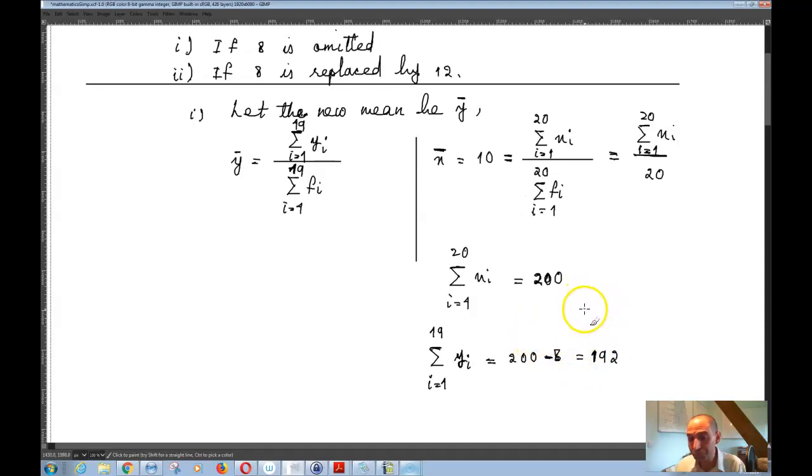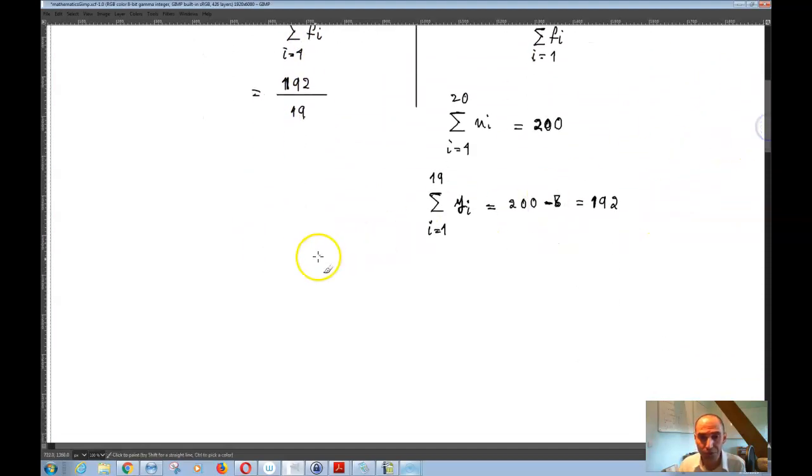So then over here I can write 192 divided by, for example, sigma f of I as I goes from 1 to 19, which is 19. I have 19 observations. So if I divide 192 by 19, what I will get is 1 times 19 is equal to 19, 0, and then I have a 2 over here, 0.0, and 0, so 0.1.